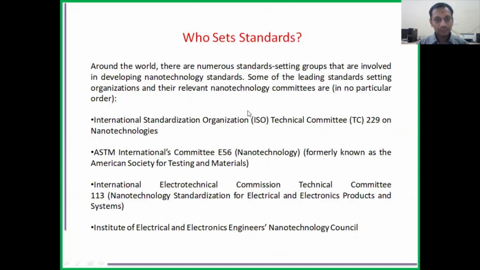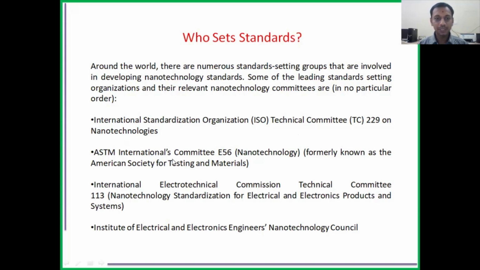If you talk about nano size, who sets the standard in this world also? In the nano world also, there are standards. So who sets the standards? The International Organization for Standardization, ISO, has Technical Committee 229. They set the standards on nanotechnology.